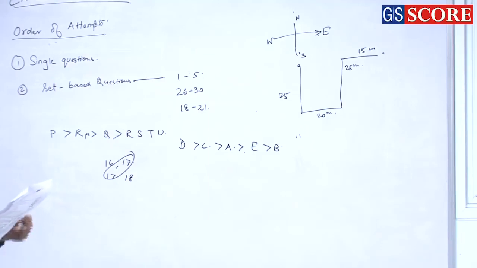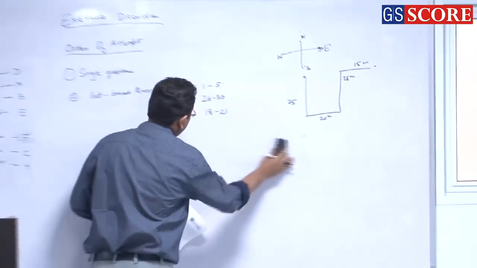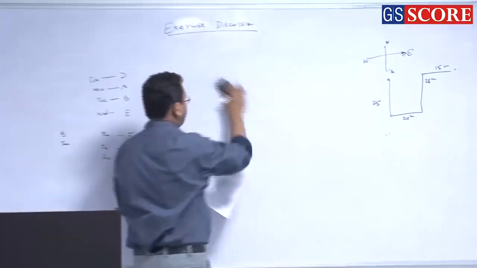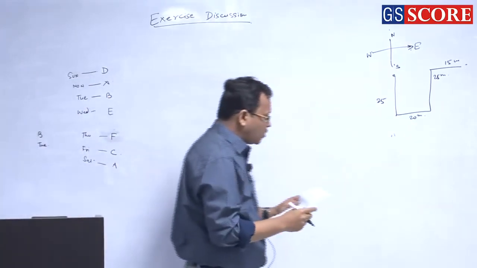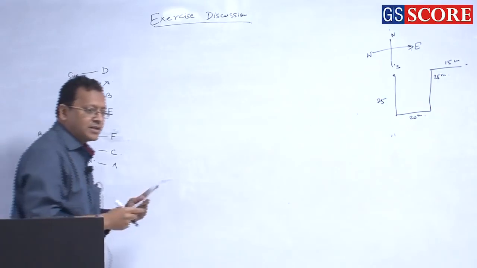Clear or not? Now let us attempt some good ones, some very good set-based questions which I liked. Question number 1 to 5. That is also an easy question. I just told you some time back that in clockwise, somebody's left is clockwise, somebody's right is anti-clockwise.